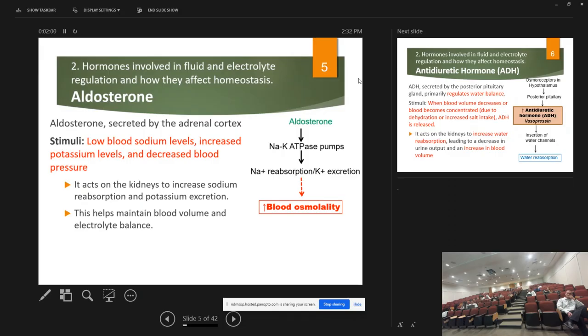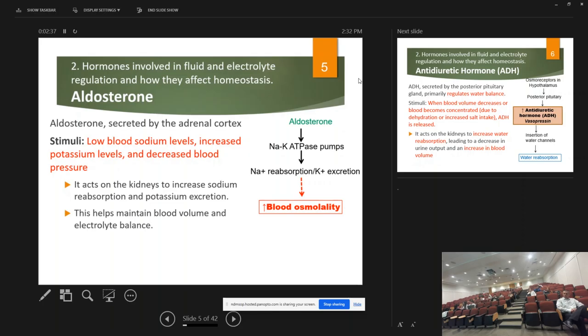When we talk about aldosterone, what stimulates it in the kidney specifically is low blood sodium, increased potassium level, or decreased blood pressure. All these are stimuli that tell the kidney to release aldosterone. Where is aldosterone released from? What structure?